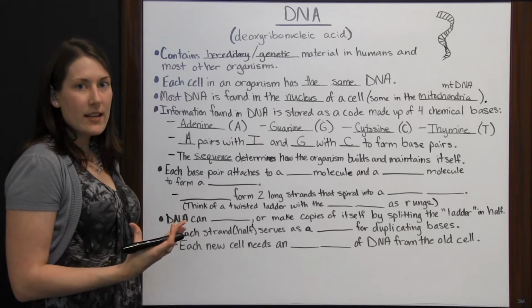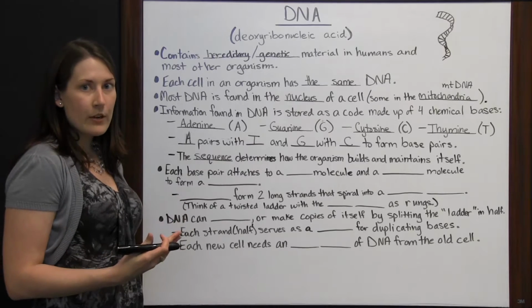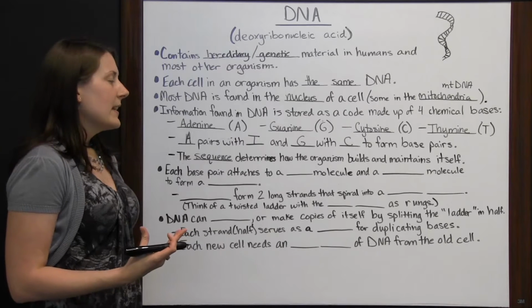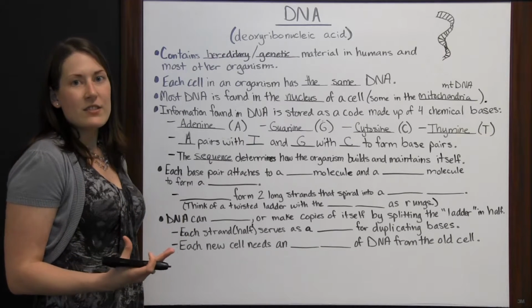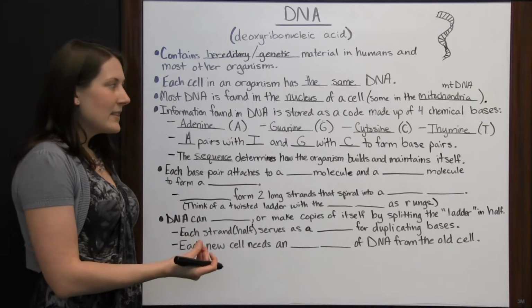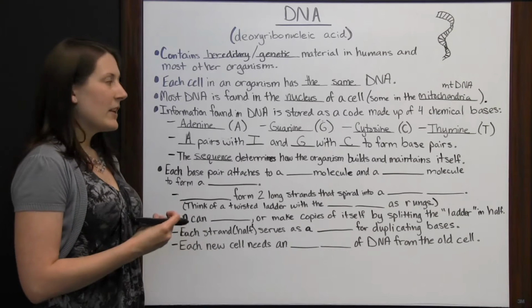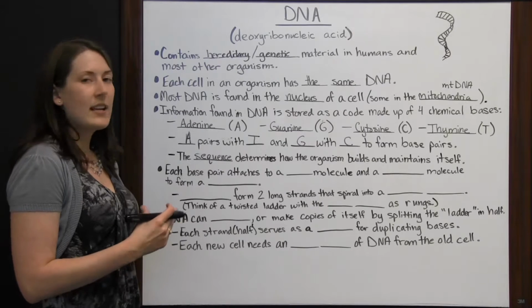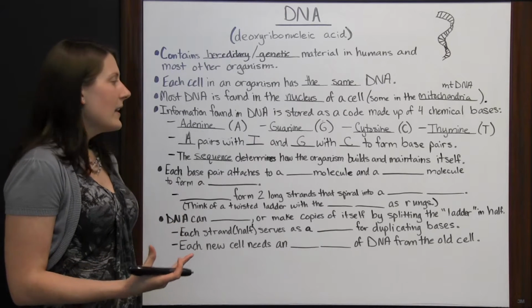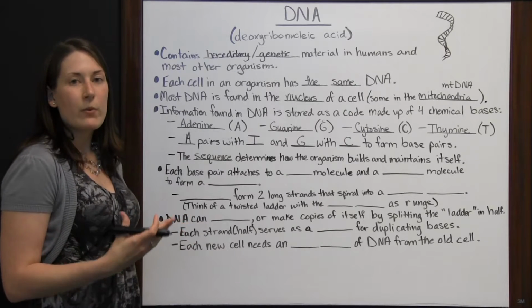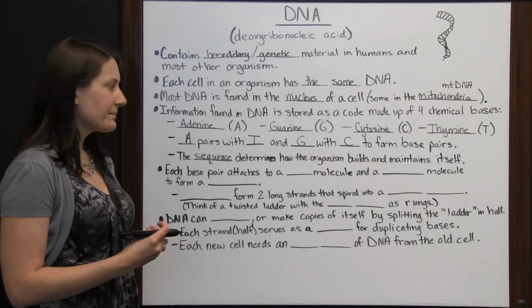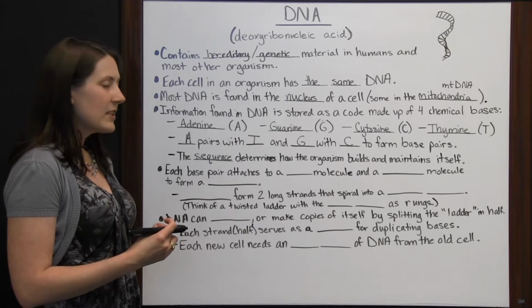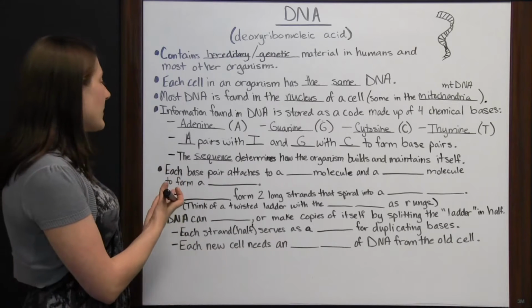We use 26 letters to form all of our words and sentences, but the way that they're arranged, the sequence of those letters, is what lets us know what word is being communicated, what sentence is trying to be communicated. And each word has a different meaning, even though it's made up of the same 26 letters or some subset of those letters.